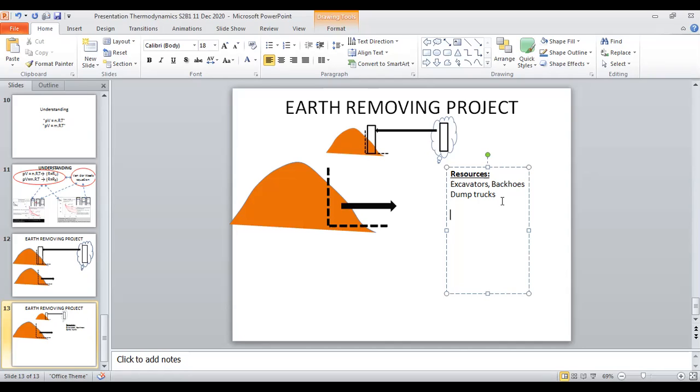The other thing is excavators, backhoes, and dump trucks. Are you going to use this in a cyclic way, or are you using one dump truck, dumping the earth, and then taking a new one?